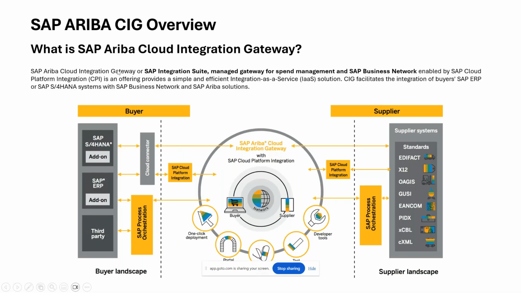They didn't remove this name, but they rebranded it as Managed Gateway. This is just for your information so you don't get confused about why they call it Managed Gateway. SAP often renames or rebrands their products, if you are already aware of that. In the same way they have changed this name, but in this demo session we still call it CIG for quick reference.